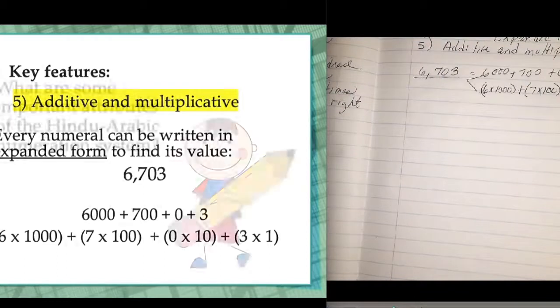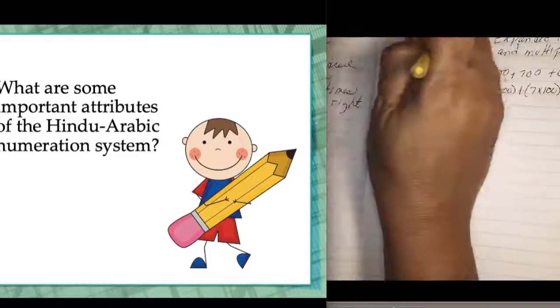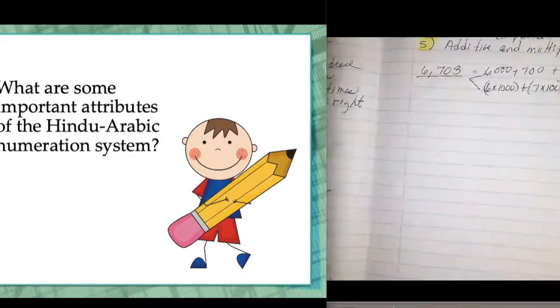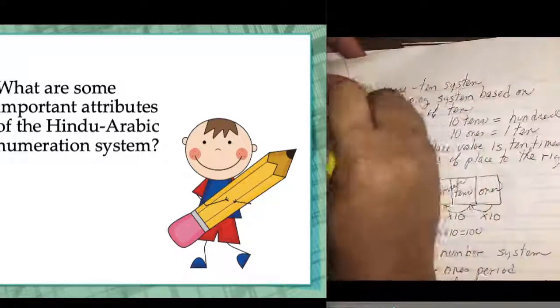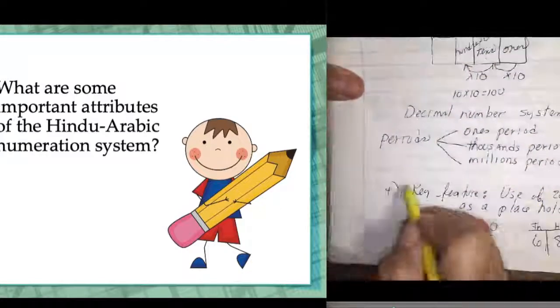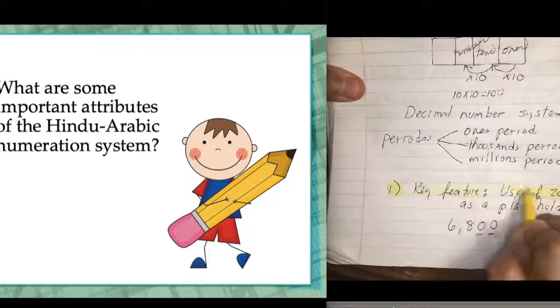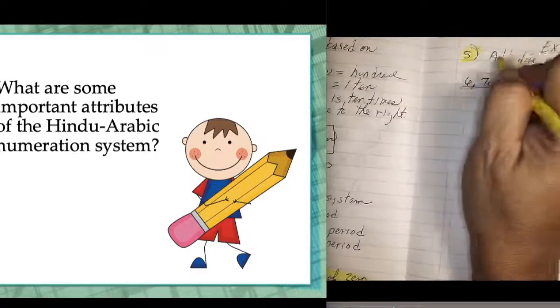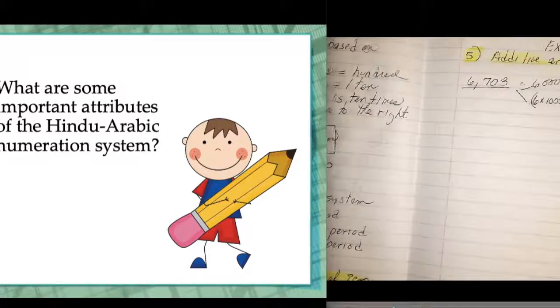Okay, so those are the 5 properties. We can go back and highlight them to make sure that we have them all. So this was number 5, which was additive and multiplicative. Here's my number 3. Maybe we would highlight these to make sure they stand out. 0 as a placeholder. Expanded form using the additive and multiplicative.